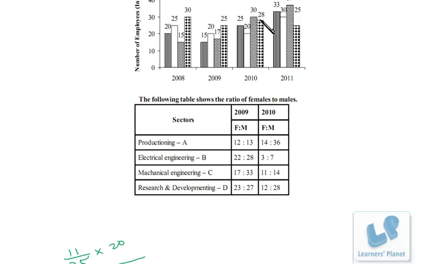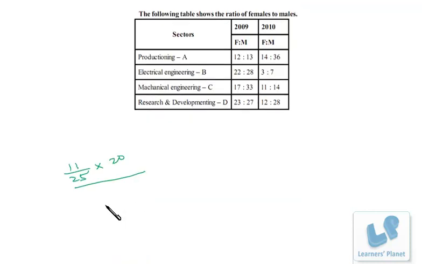That is 30 total and the breakup is 11 is to 14. So that is 14 by 25 into 30,000, into 100 for the percentage, right? So this is precisely 11 by 21 into 100%.